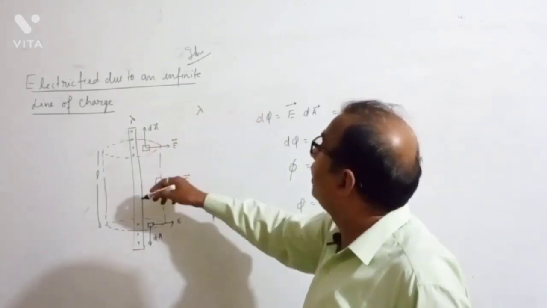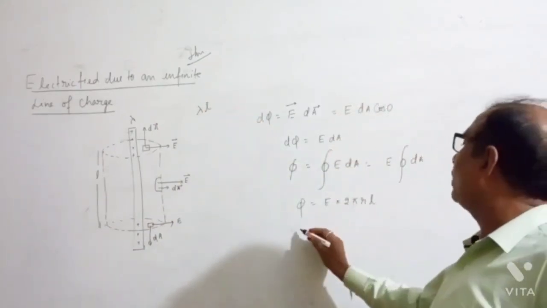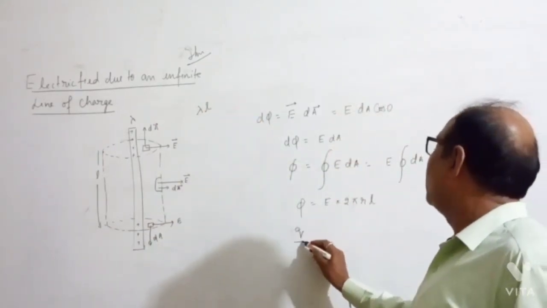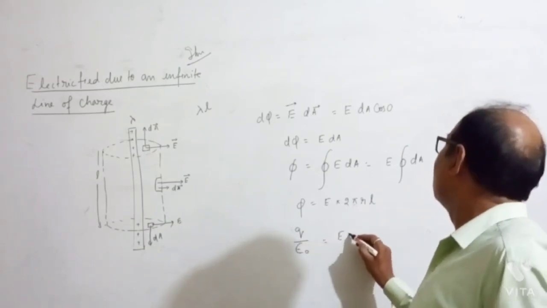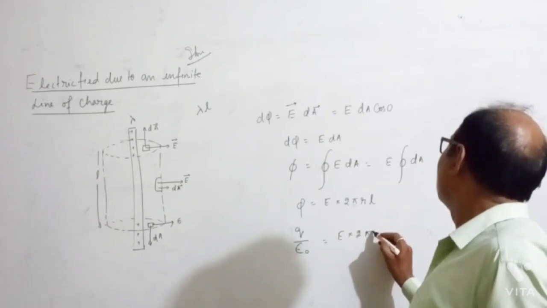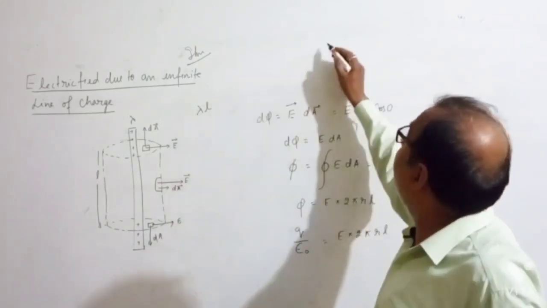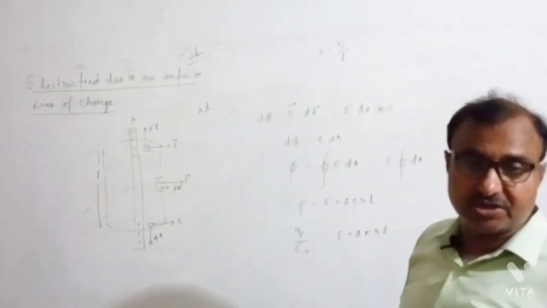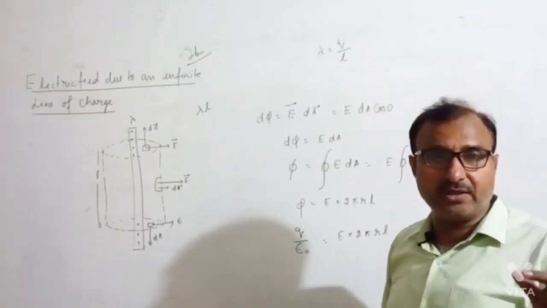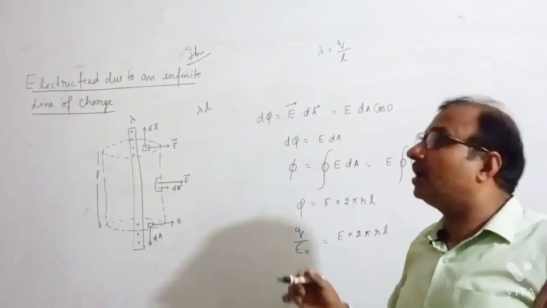What is the value of Q? As I told you, lambda equals Q upon L, the charge per unit length. So Q equals lambda L. So lambda L upon epsilon naught equals E into 2 pi r L.